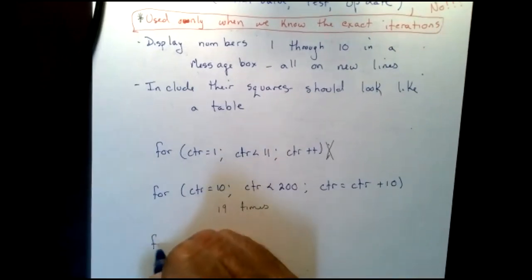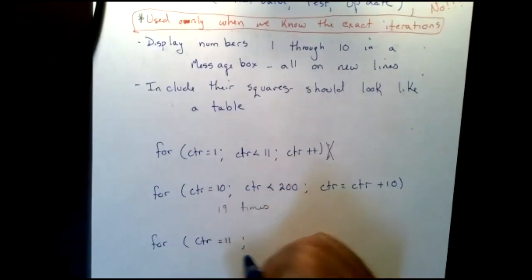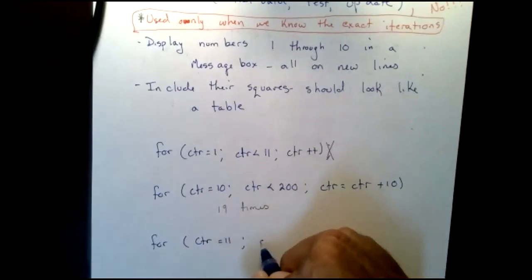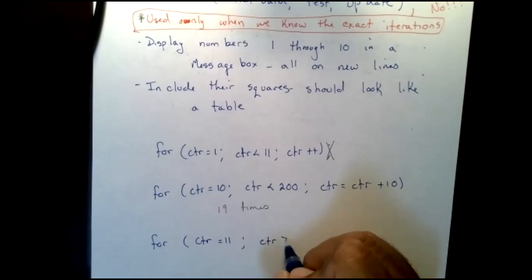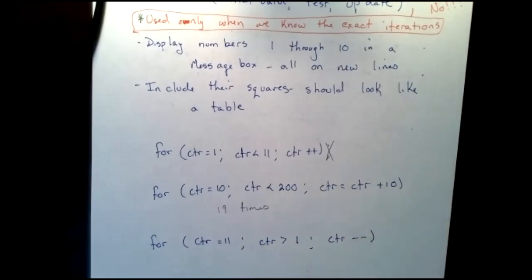What about this example? For counter equals 11 while counter is greater than 1, counter minus minus. What numbers would get displayed here? I think it will run for like 10 times.